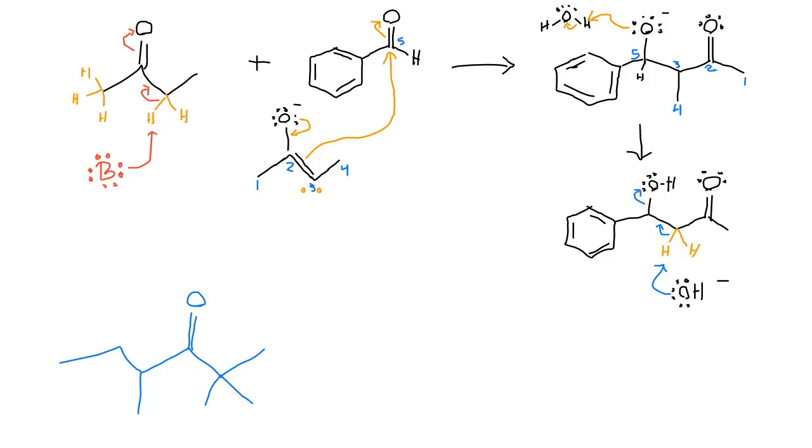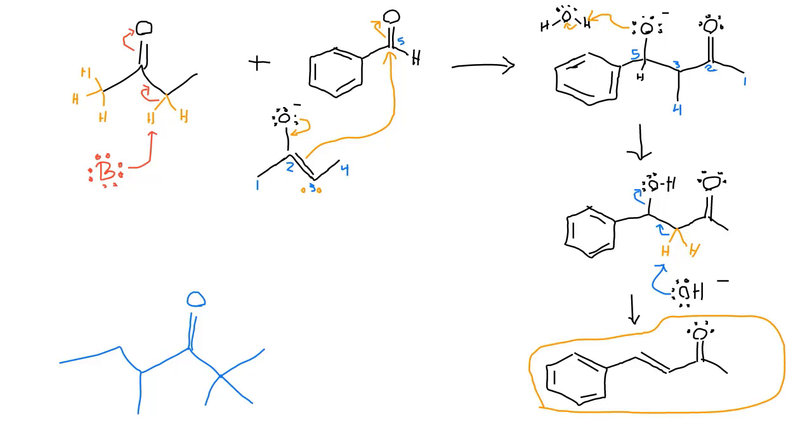And so in this case, you actually would not have to add much heat, if any at all, to make this go from the aldol addition product to the aldol condensation product. Because now this is conjugated all the way through.